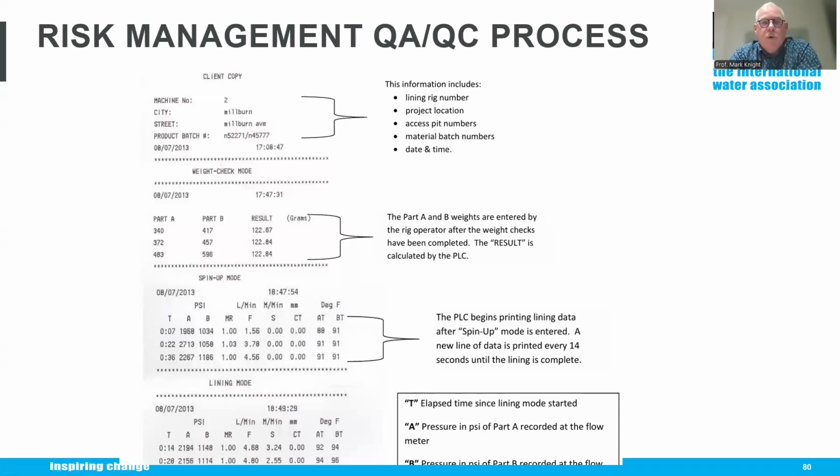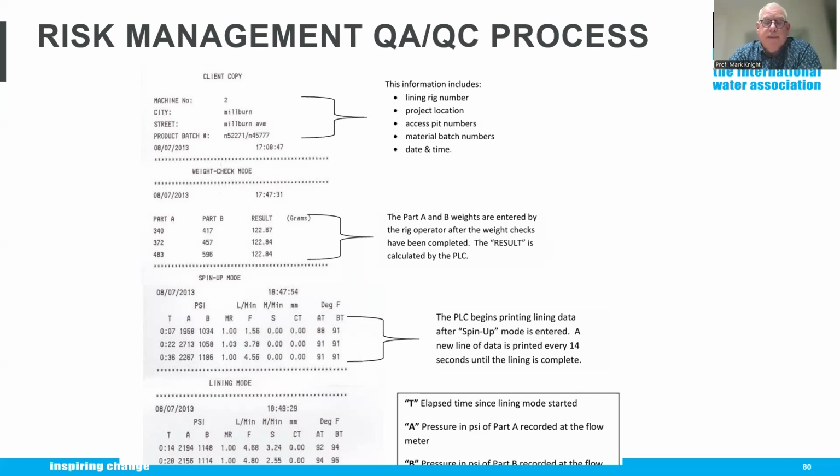From a quality assurance and quality control process, there's a detailed record that is recorded and provided to the owner, as well as to the contractor, of weight checks, temperature of the part A and part B, flowback speed, and the lining thickness applied.